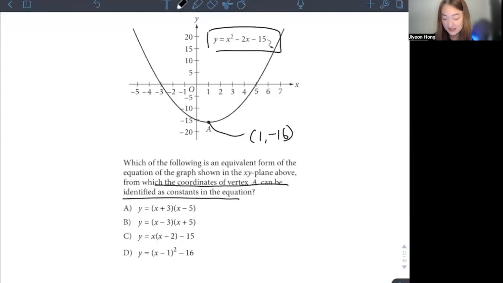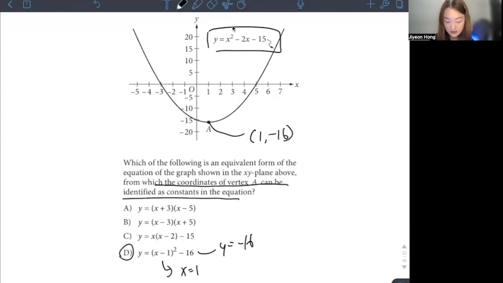When it says that something is identified as constants in the equation, that means you can immediately conclude what the vertex is based on the equation. And without even solving for this equation, to be honest, D should be the answer choice because you can immediately recognize from the equation that x is equal to 1 here and that y equals -16. It's identified as constants. It's right there in the equation for us to identify, basically.